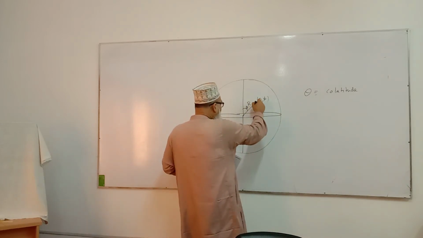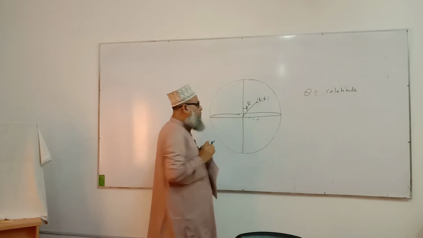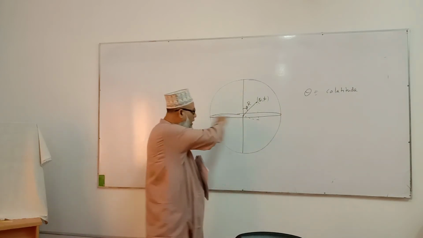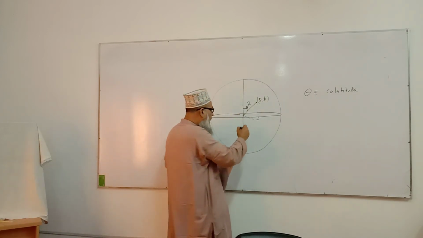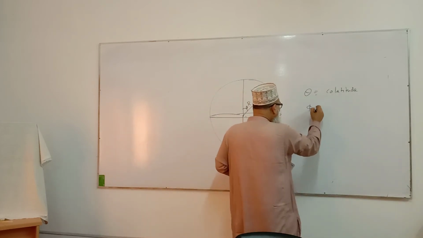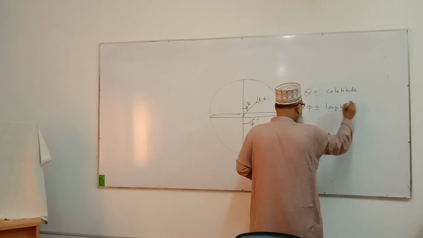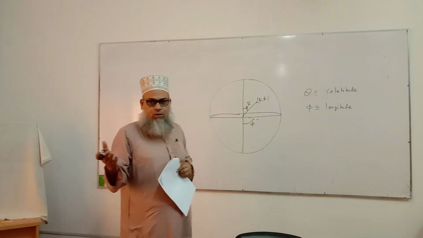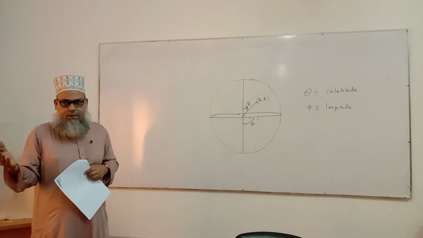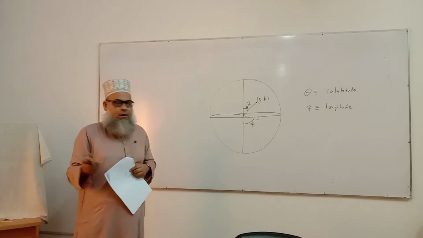And say you take a projection over the equator and get the angle phi. Phi is called longitude. These are familiar concepts in the curvilinear coordinate system, right? In the curvilinear coordinate system, these are defined this way.